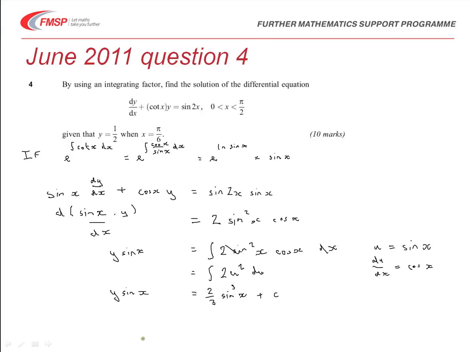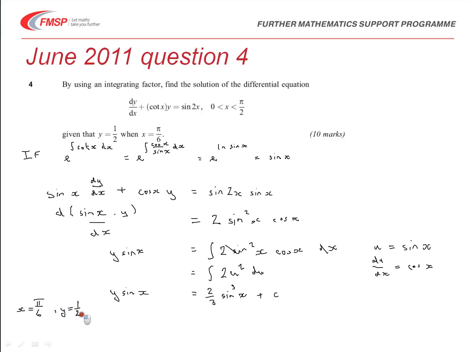Okay, now having got the general solution to our first order differential equation, we know that when x equals pi by 6, y has to equal a half.